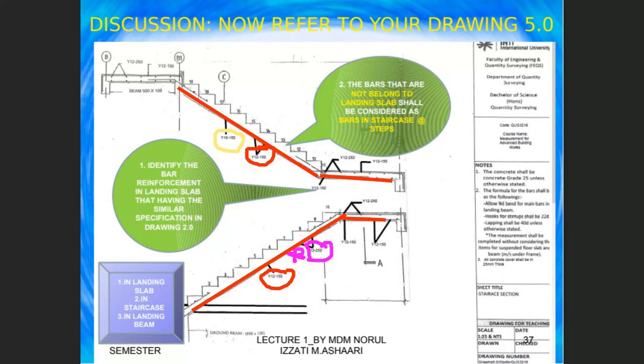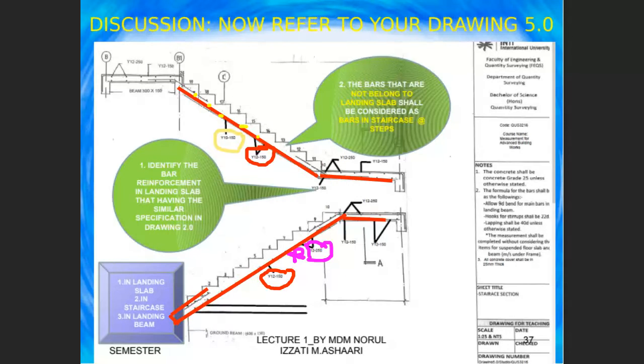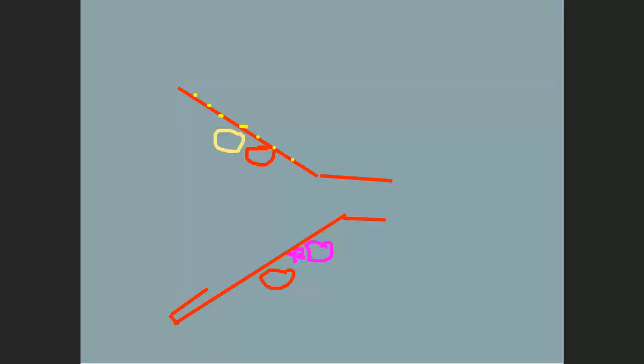For the staircase you can see this one clearly, also bar reinforcement. You can continue to see the highlights. So what about the yellow color? For this one, the yellow color is dot, dot, dot, dot. In order to know how many bars there are for these dots, you have to measure by looking at the width of the staircase. Then only can you divide to find how many numbers.